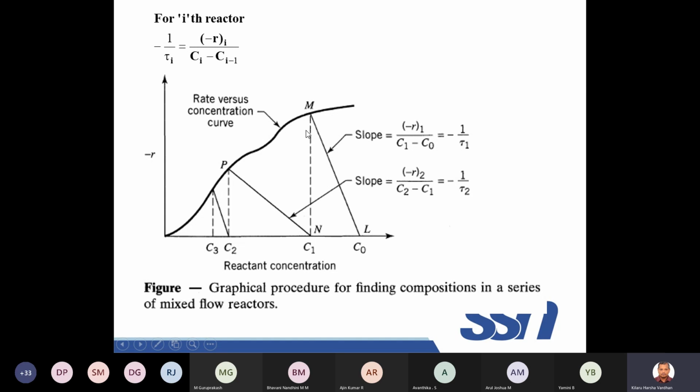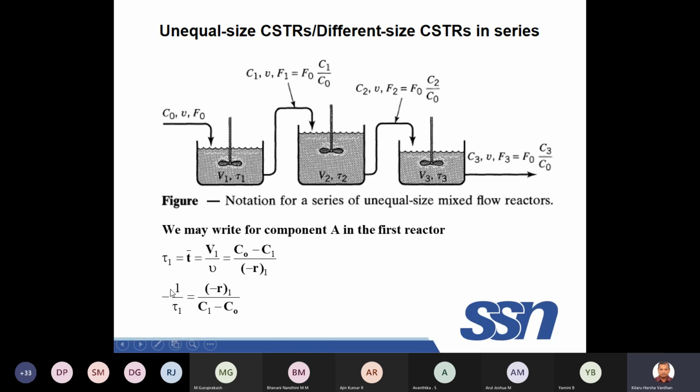So what I do is, this is the rate curve, with a slope of minus 1 by tau 1. Minus in the sense you get a negative slope, right? With that particular slope, I draw a straight line, because we know that this is going to be a straight line, y is equal to mx plus c.